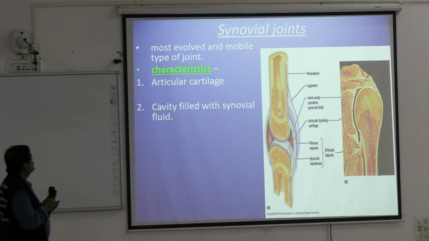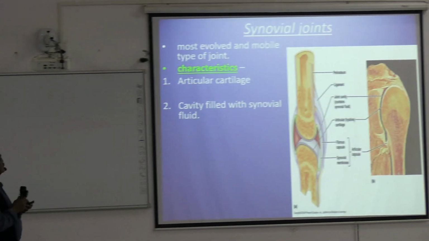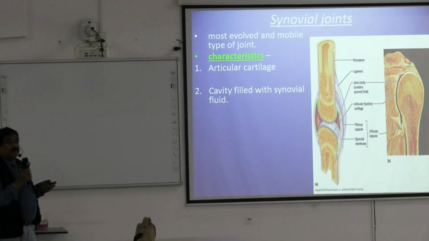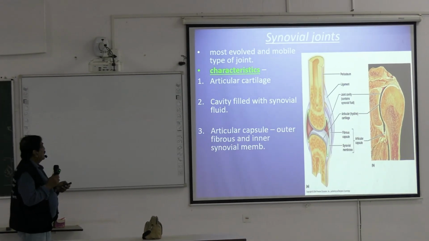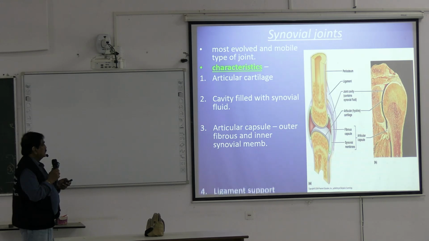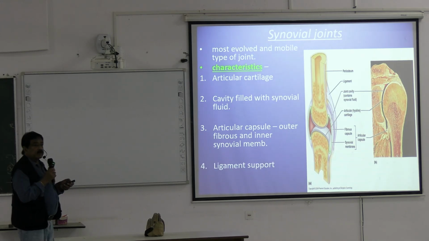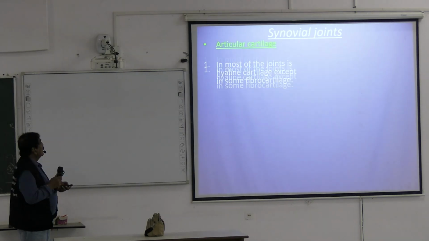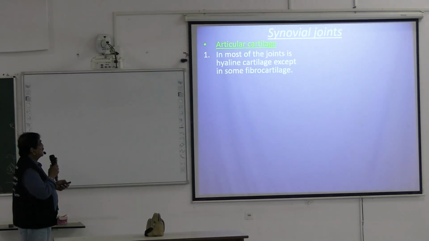Articular cartilage, cavity filled with synovial fluids. Synovial joint can come as a short note. Articular capsule, outer fibrous and inner synovial membrane. Ligamental support. Articular disc or menisci. Most of the joint is hyaline cartilage except in some fibrocartilage.